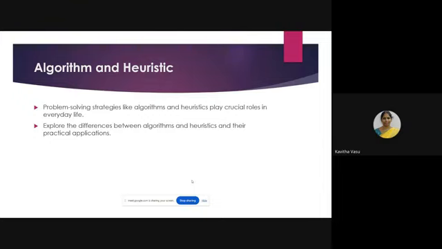Already I told you, this is guessing. It is slightly different from the trial and error method, but it is guessing. Heuristics are often used when quick or approximate decisions are needed.